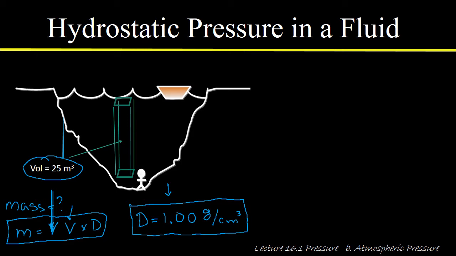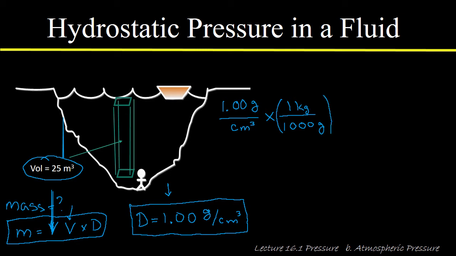So let's start with 1 gram per cubic centimeter. We want to convert our grams into kilograms, and I hope you all remember that there are 1,000 grams in 1 kilogram.